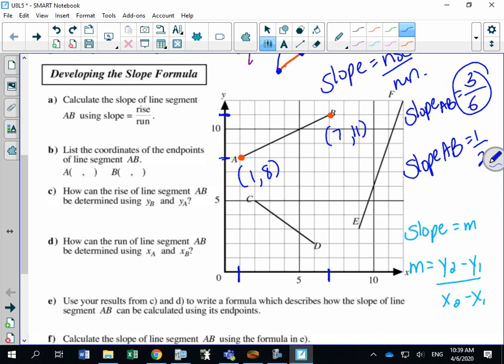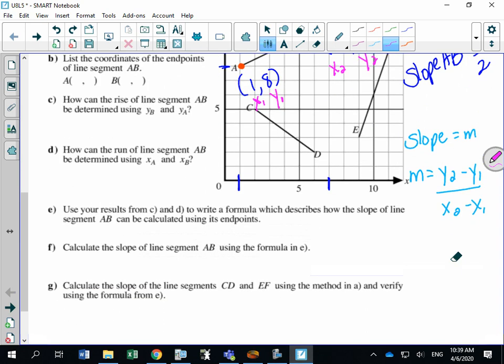Then you call the first point x1, y1. If your first point's x1, y1, what do you guys think your second point is? Second point would be x2, y2. Once you have your 2 points picked, and again, it does not matter which 2 points, label them x1, y1, x2, y2, and then you simply plug it into this formula.